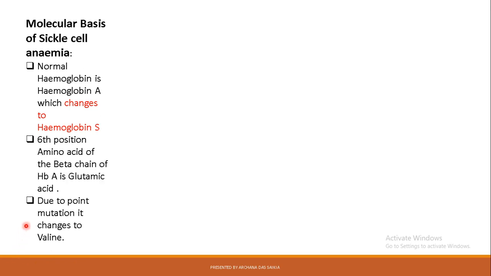Now, what happens? The 6th position amino acid of the beta chain of hemoglobin A is glutamic acid. What does it mean? The hemoglobin molecule is made up of globin chains, protein chains, alpha and beta chains, 2 each. Alpha chains are quite normal.